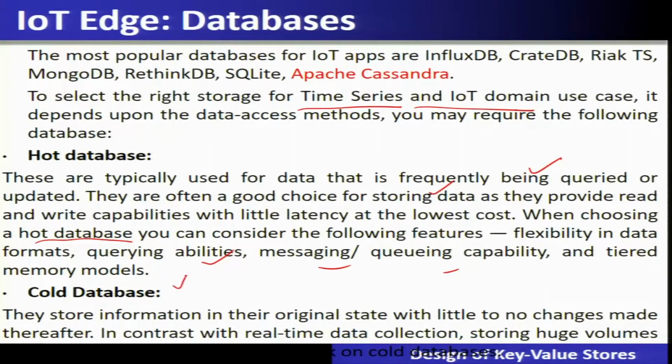Now, the next important store is called cold databases. They store the information in its original state with little to no changes made thereafter. In contrast to the real time data store, this kind of data, called cold storage, requires huge storage volumes and is often used for training machine learning models at a later point of time.